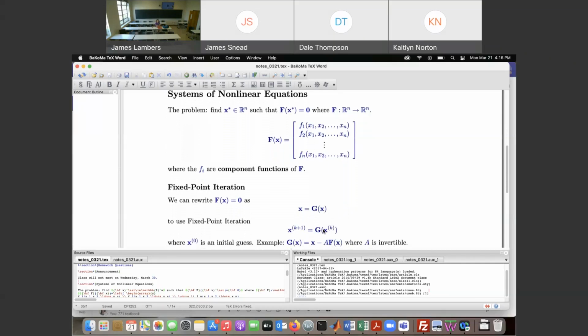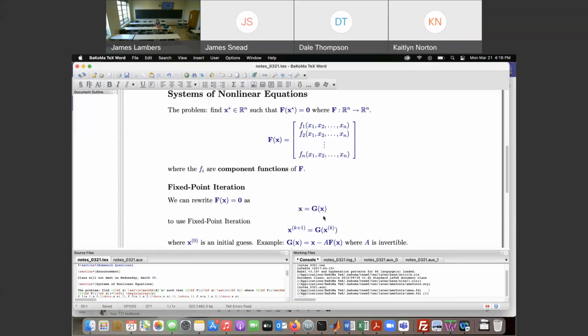So we can just do that in the multivariable sense too. You choose the initial guess, which would be a vector in R^n, and then we keep substituting it into g, where we've rewritten the equation f of x equals 0 as the form x equals g of x in some way. And then hopefully this iteration will converge.